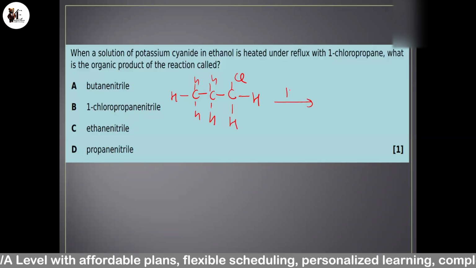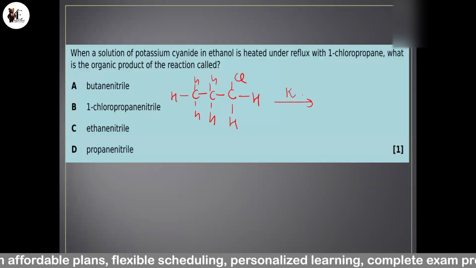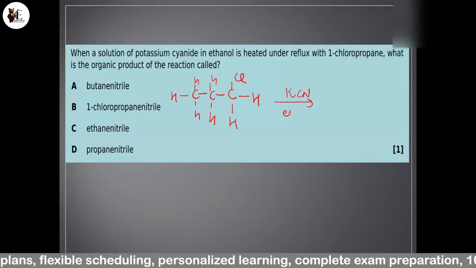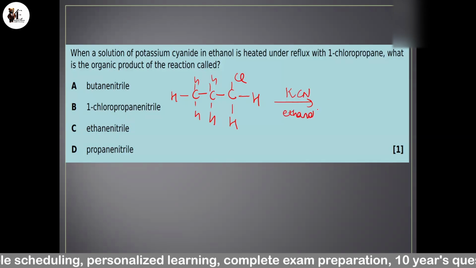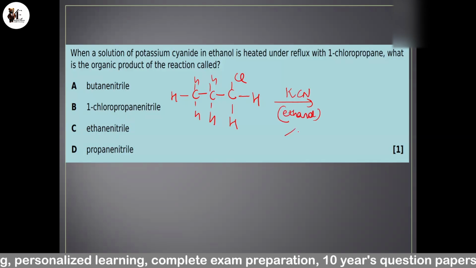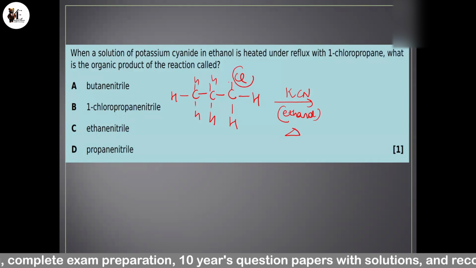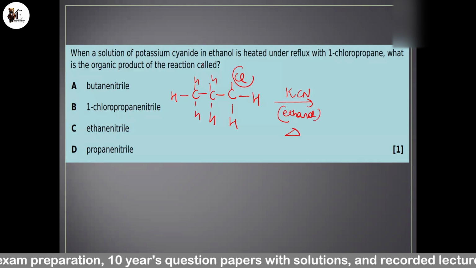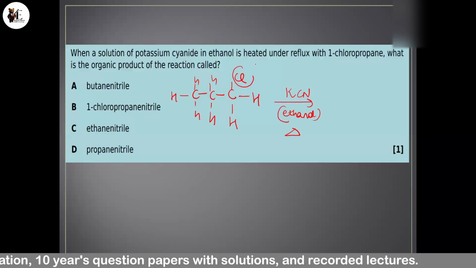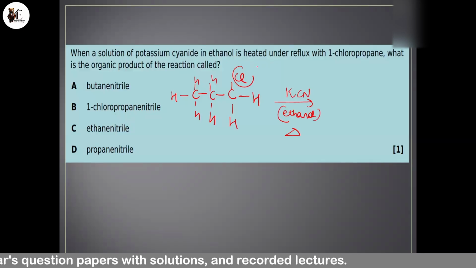You have potassium cyanide in ethanol, an ethanolic solution of potassium cyanide, and you are heating it. What happens? Chlorine will be removed. Just a minute. When a solution of potassium cyanide in ethanol is heated under reflux with 1-chloropropane, what is the organic product of the reaction called?